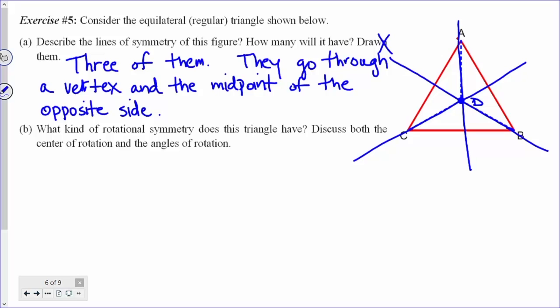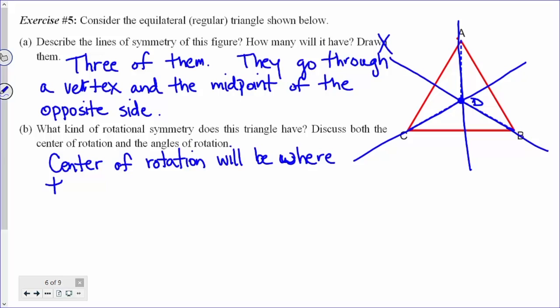Okay, so the center of rotation will actually be where the lines of symmetry intersect. It's a good way to describe it, given that we have those lines drawn up.